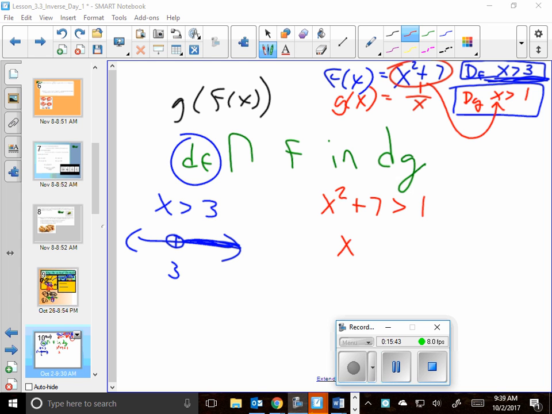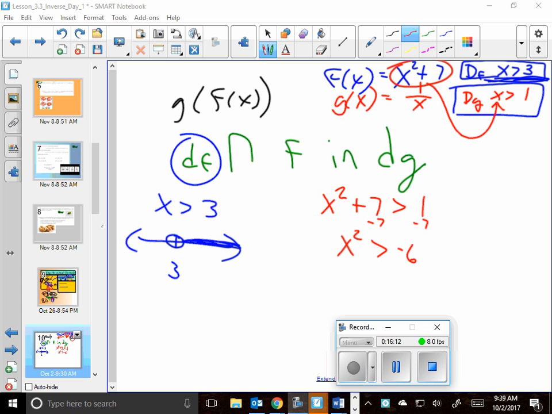So now I'm going to have x squared is greater than, ooh, this is where the problem comes up, negative 6. Tell me when x squared will be bigger than negative 6. Just solve that. What is x squared is bigger than negative 6? Is that ever true? Can you square something and have it be bigger than a negative?